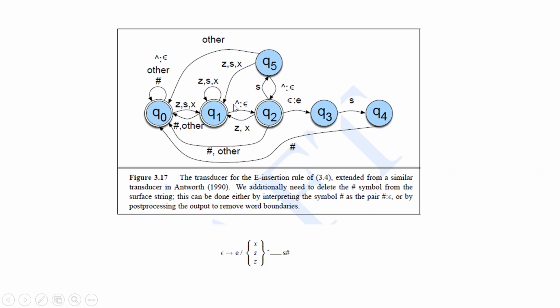So you have a morpheme end there, and you transition to the next state. According to the rule, after the morpheme, you are supposed to generate an E without reading any input. So on epsilon input, you are generating an E. So FOXE. And finally, after that, you have to generate an S.